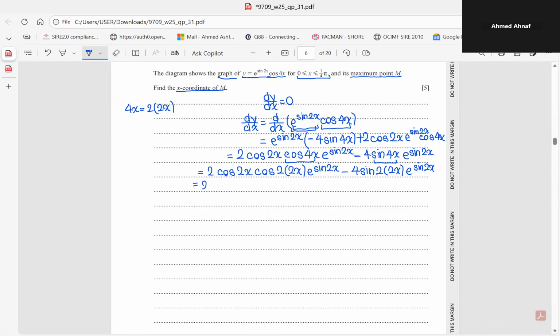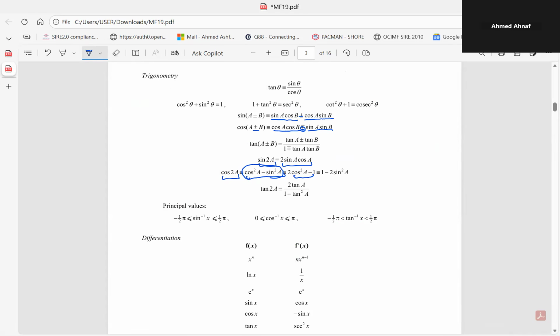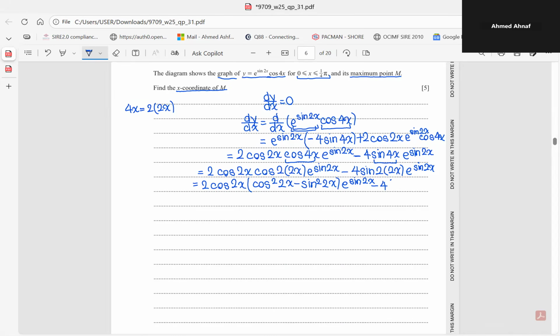So this is going to be 2 cosine 2x times cos square 2x minus sine square 2x times e to the power of sine 2x. And then for sine 2a, we just have 2 sine a cosine a. So 4 times 2 sine 2x cosine 2x.